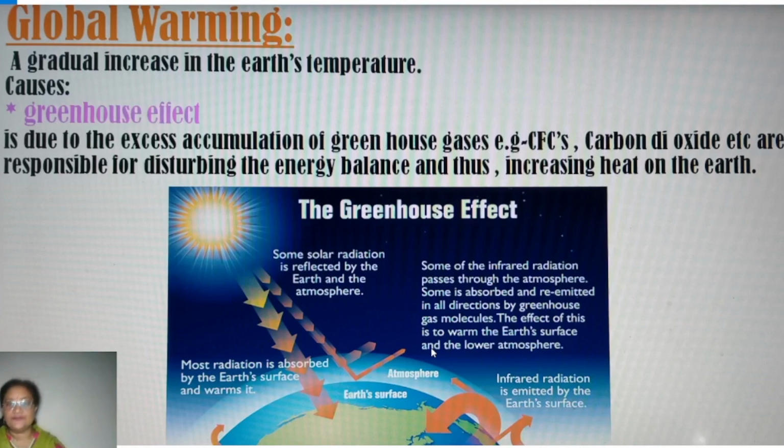At that time the heat given back by the earth was not able to go out of the glass house, and because of that, the temperature inside the glass house was comparatively higher than the surrounding atmosphere.